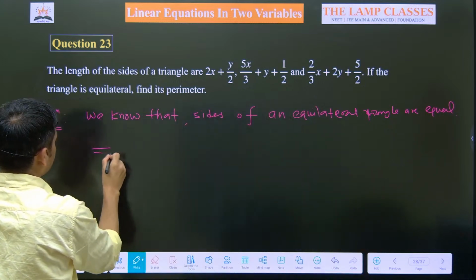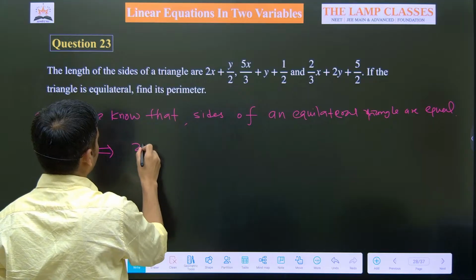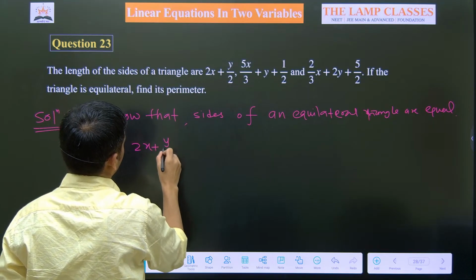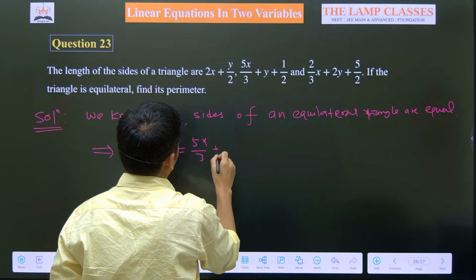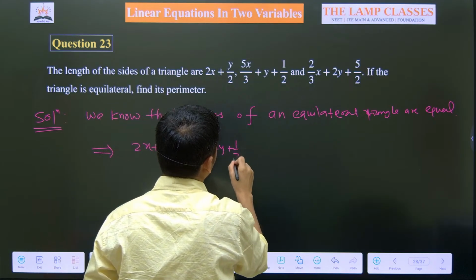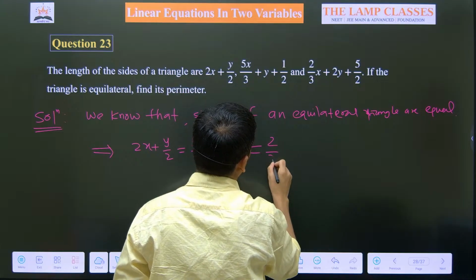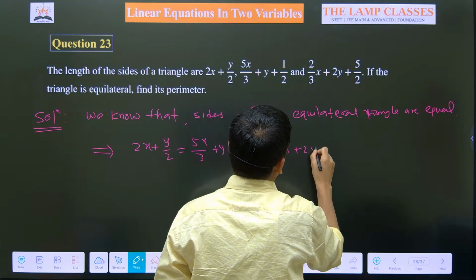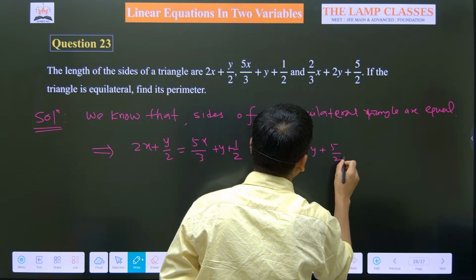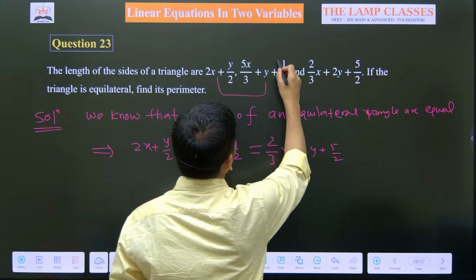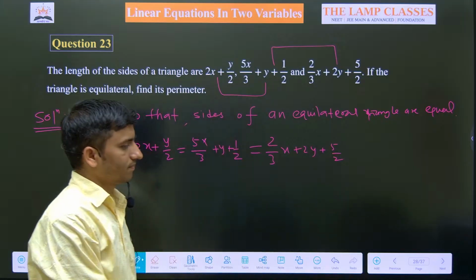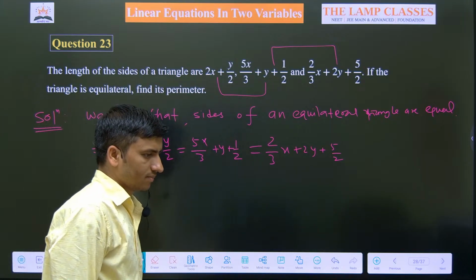That simply means all these sides must be equal. 2x plus y upon 2 is equal to 5x upon 3 plus y plus 1 by 2. That should be equal to 2 upon 3. Yeah, one might also do this question another way. Now you might just say this is equal to this, one equation, and this is equal to this, another equation. All of them are fine.